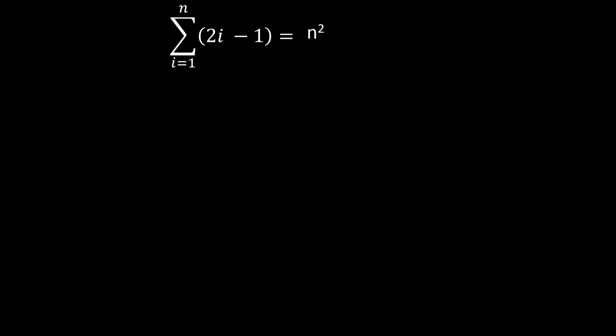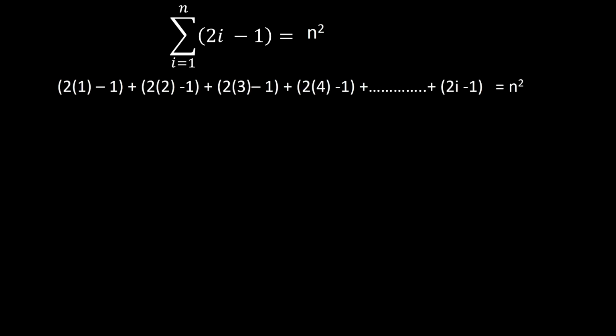Summation of bracket 2i minus 1 close bracket, where i equals 1 to n, equals n squared. To solve this, we are going to arrange it in a sequence the way it should be, and we'll put 1, 2, 3 like that.